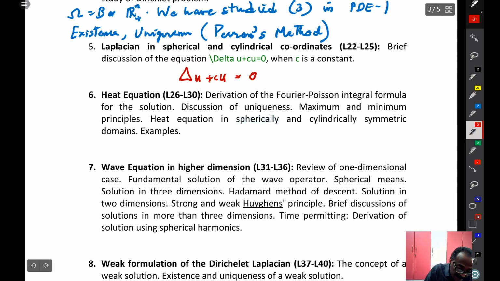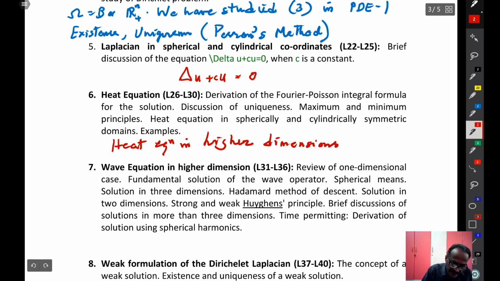And then we will go on to the continuation of our heat equation, basically the heat equation in higher dimensions. You will do this in a fashion similar to what we have done for the one-dimensional equation.